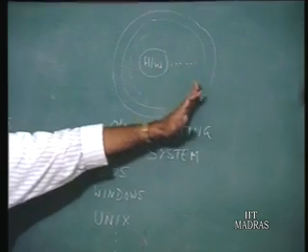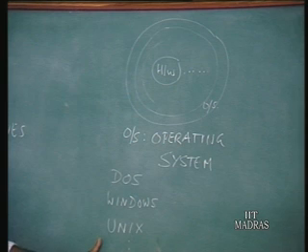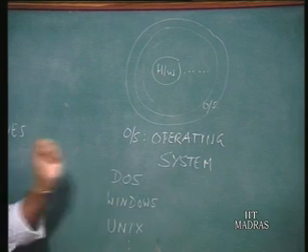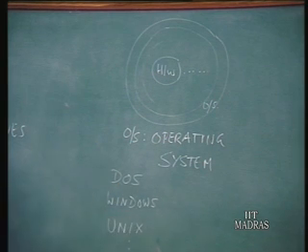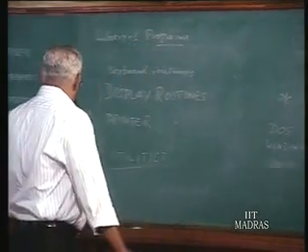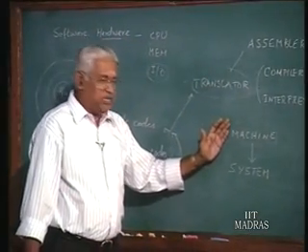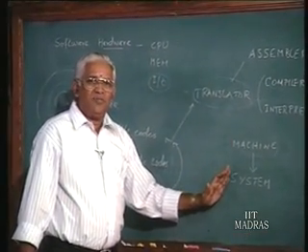Just these layers of software make all these, and if one uses these particular things, then DOS commands will be used, Windows commands will be used, Unix commands will be used. So, this is how we graduate from a simple machine to a complex system.